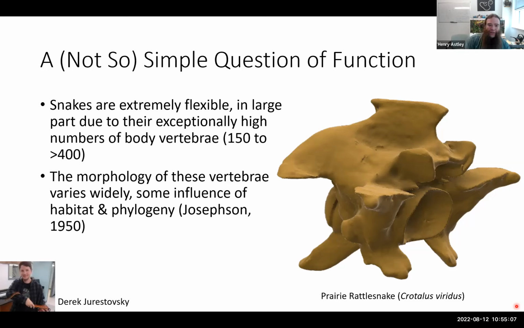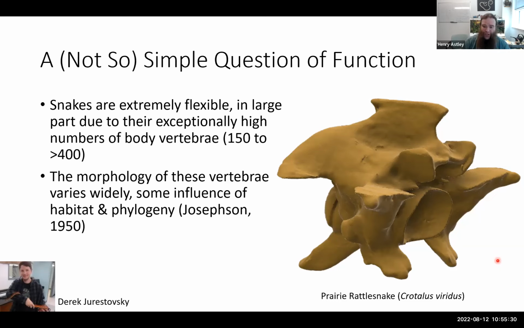I really like talking about this one, which is basically trying to figure out the function of a particular anatomical feature of one of my favorite groups of animals, snakes. So snakes are, of course, very long and flexible organisms, in part due to the sheer number of vertebrae they have, often 150 to as many as 400 and more.